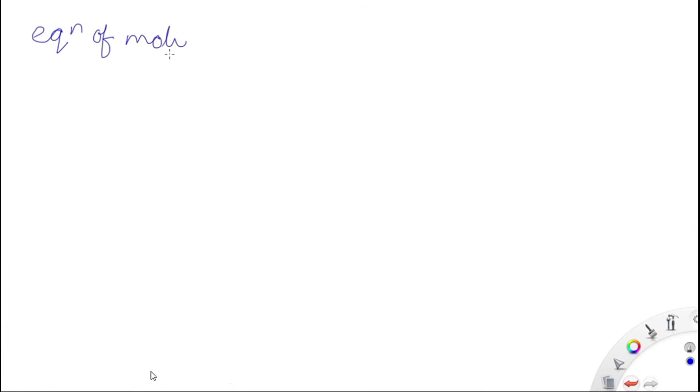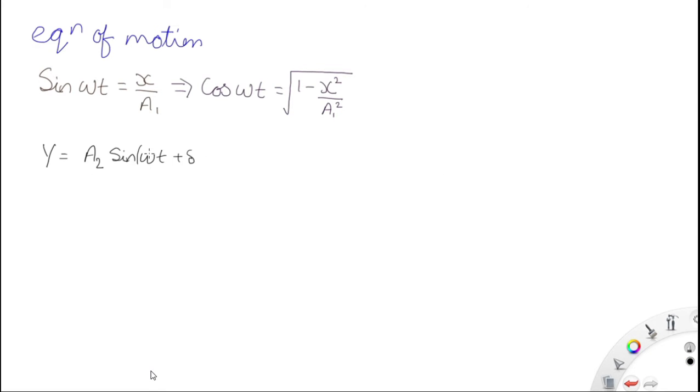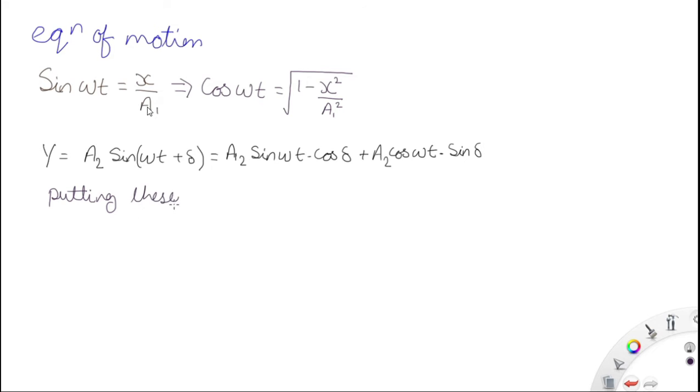Now the equation of motion for the case that we were talking about, means 2 forces perpendicular to each other such that angular frequency is the same. So sin omega t is equal to x by a1, where a1 is the amplitude in the x direction, and cos omega t is obtained from sin omega t.